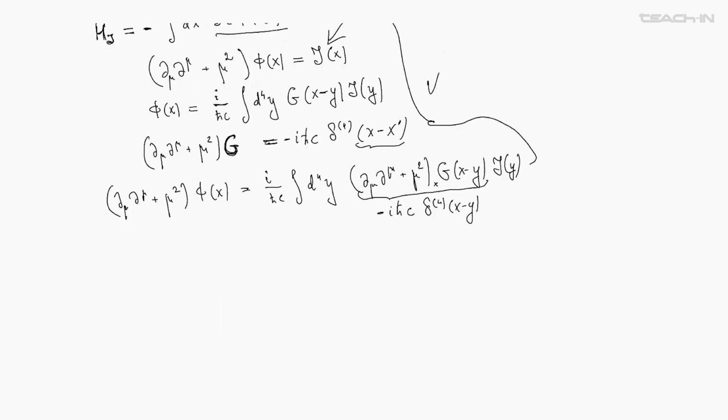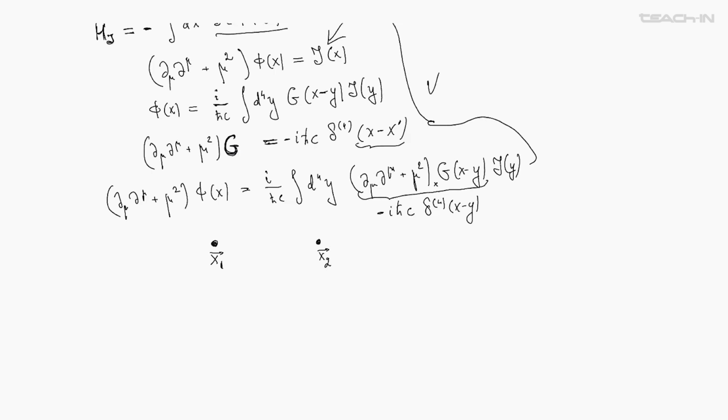At point x1 in space, we have a point particle, and at point x2, we have another point particle. These particles are static. This means that their positions are fixed and they are not changing with time. It's like you take one particle in your left hand and another particle in your right hand, and you keep them at a certain distance, and you don't allow them to move.